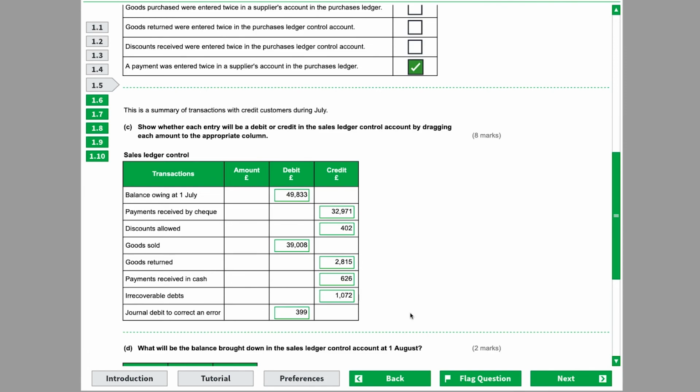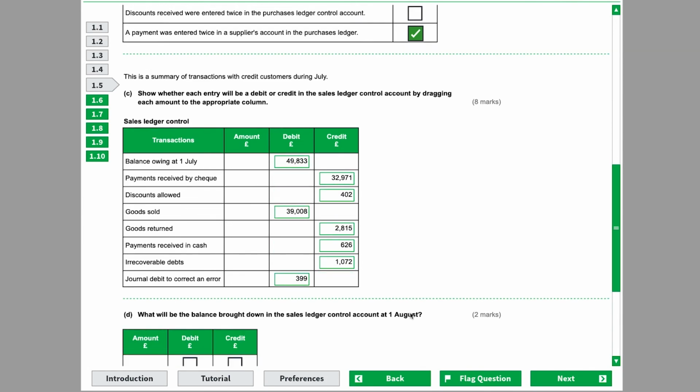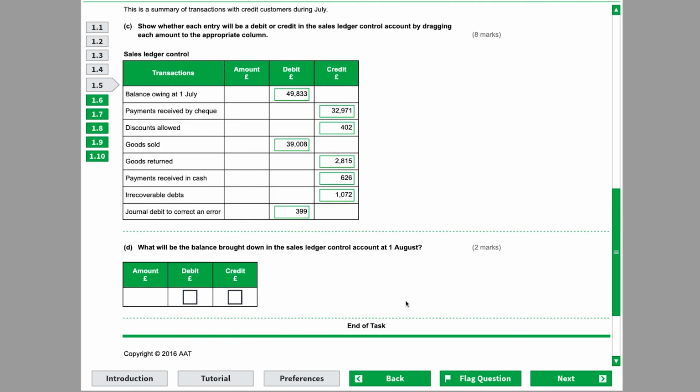So let's move on to the last part, which is part D, which looks like it follows on. So what will be the balance brought down in the sales ledger control account at the 1st of August? So all we need to do for this is total our debit column and total our credit column, find the difference between the two sides, and that will be the amount.